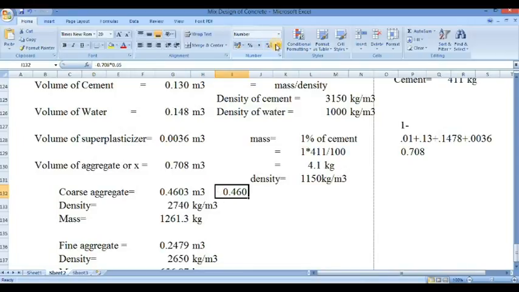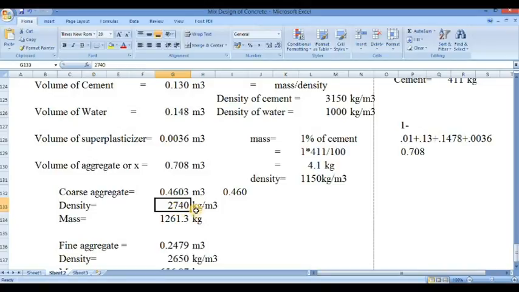Just round it off; you can take it as 0.46 meter cube. And if you want to convert the aggregate also into mass, just like cement and water, similarly just multiply with your density.